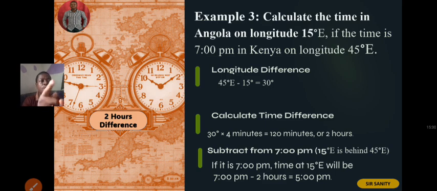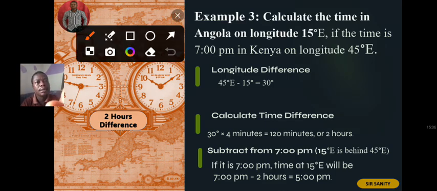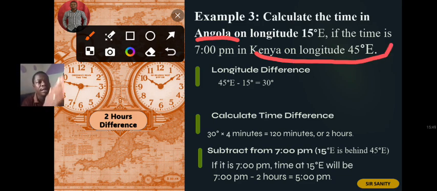So now our longitude difference: we have to locate the two places. We have Angola on longitude 15 degrees east, then Kenya on 45 degrees east. So the difference will be 45 degrees east minus 15 degrees east, giving us 30.